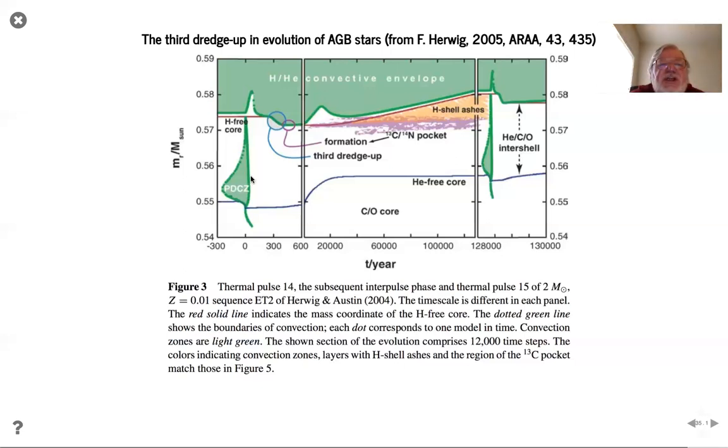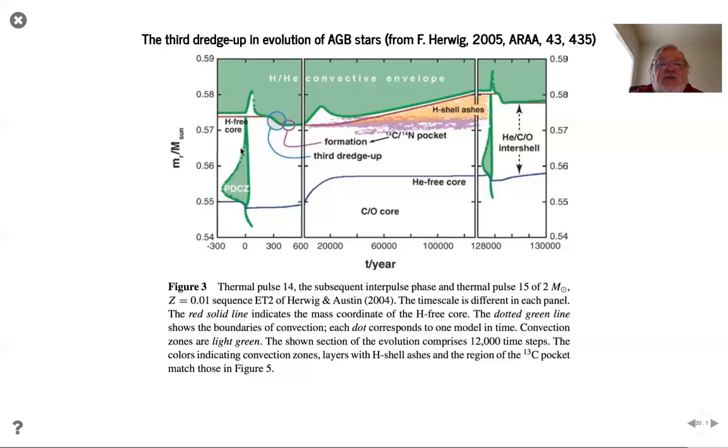The green patch here is a pulse-driven convective zone. This is a convective shell in which convection is driven by a helium flash. This is the second flash or the third flash, whatever. An AGB star can experience several helium shell flashes.